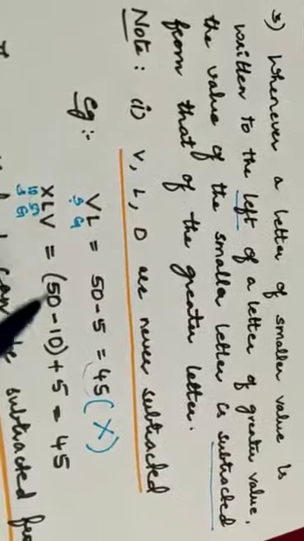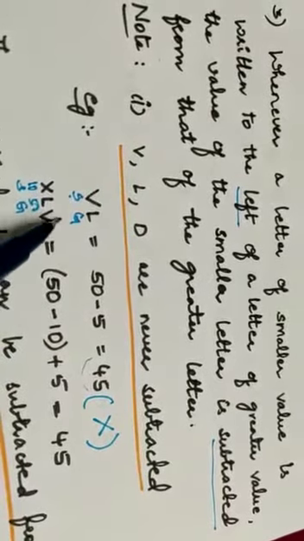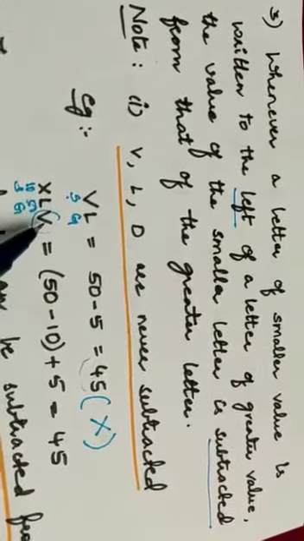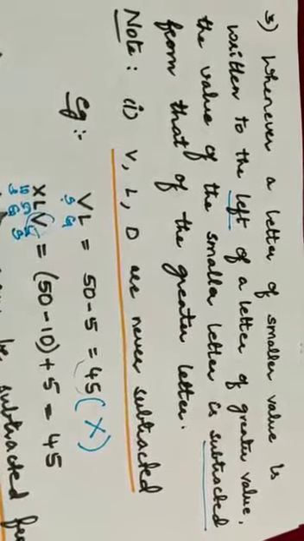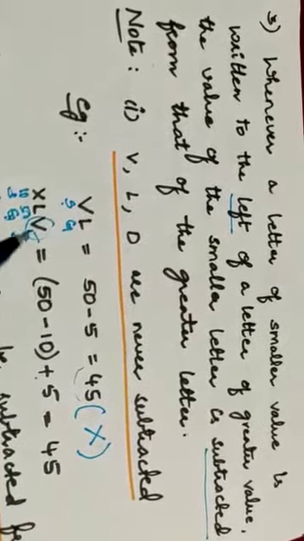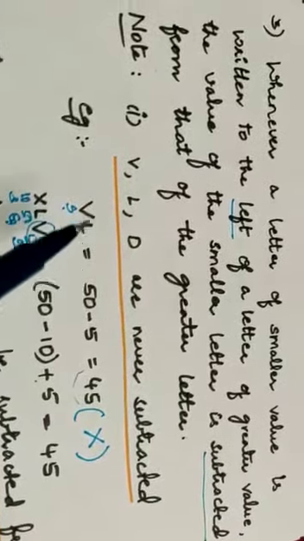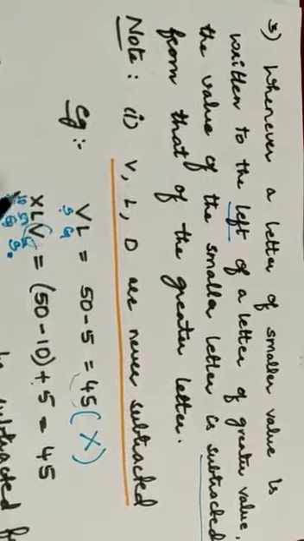So 50 minus 10. And what comes next? V. V is 5. Again greater and smaller. When greater and smaller come, addition: plus 5. So this is a combination of rule 3 and rule 2, children.